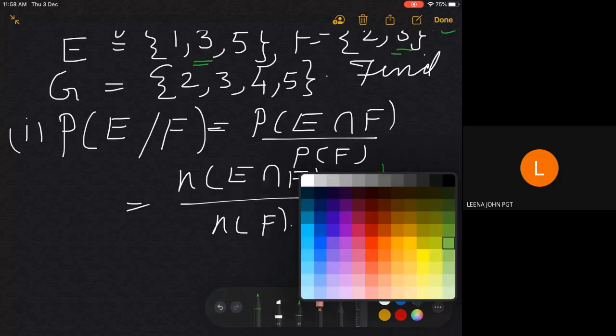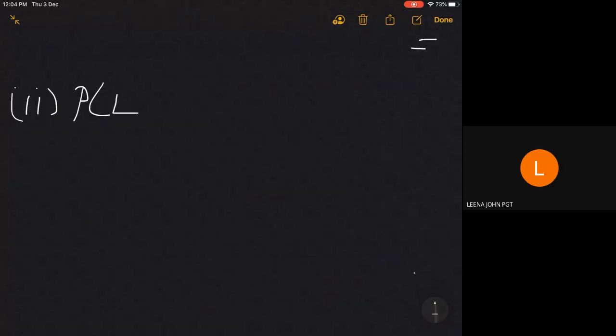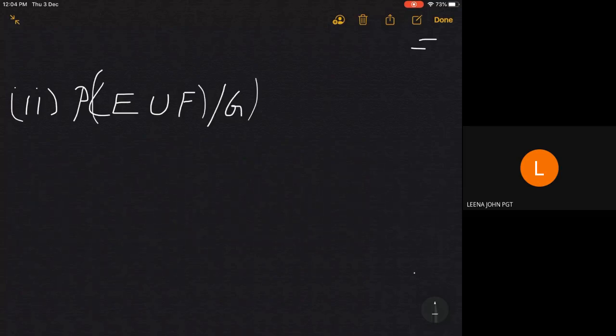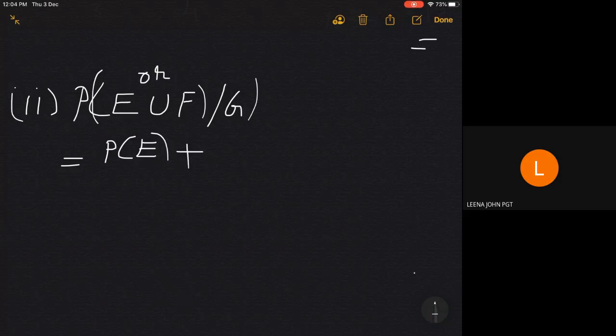The second one, E union F given G. As per definition, by the addition theorem, P of union means it is OR. Wherever OR is coming, you have to add P of E, E with the condition.